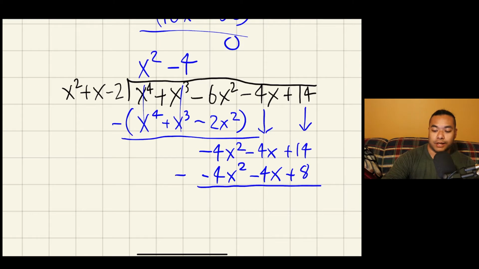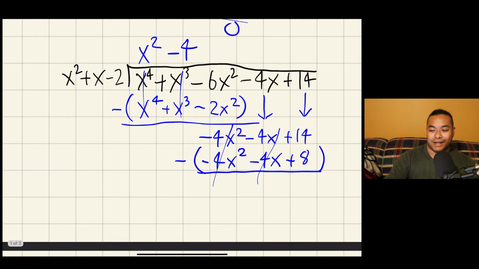Subtract both of these, and I think we should get some cancellation. So this cancels, and 14 minus 8 gives me, nope, 6. Never mind. 14 minus 8 gives me 6.